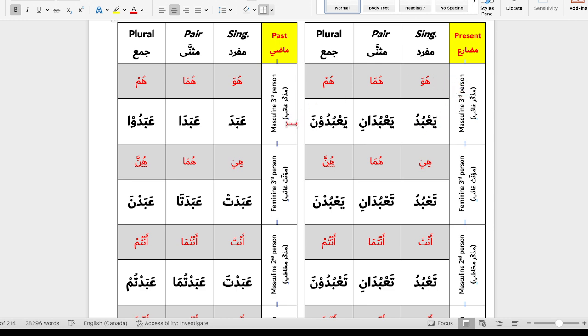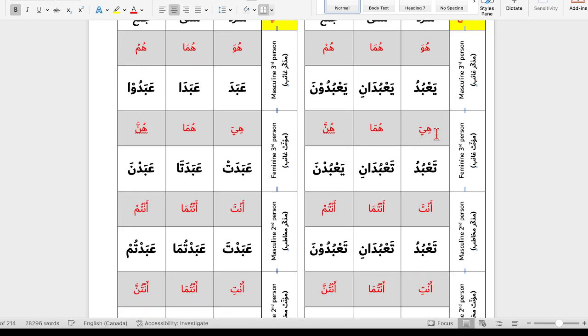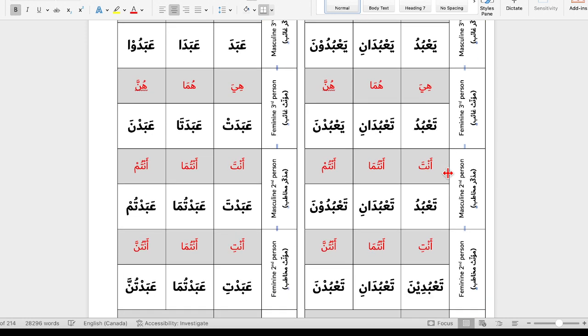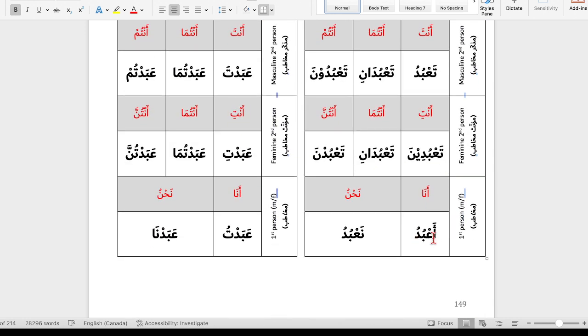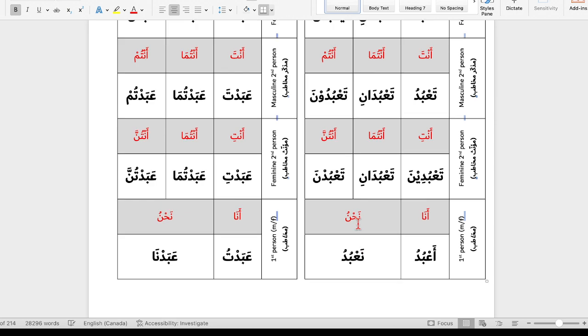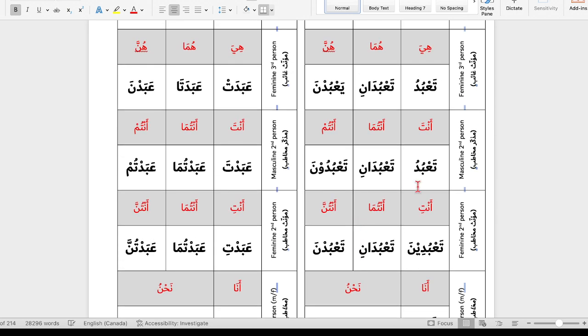You can't give amr to the third person who is ghaib, masculine or feminine, and you can't give amr to yourself, first person, ana or nahnu. So it has to be the second person, masculine or feminine. Anta tabudu, antuma tabudani, antum tabuduna, anti tabudina, antuma tabudani, antunna tabudna.